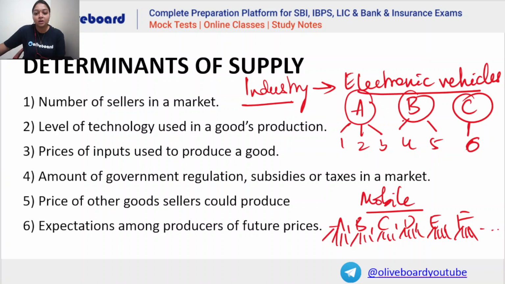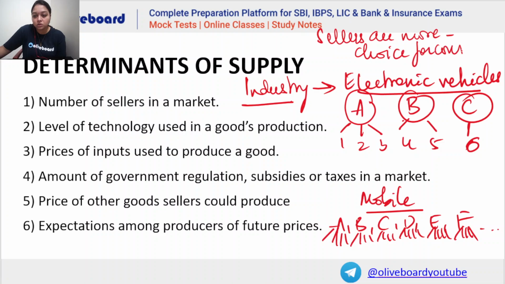So if there are more sellers, the choice for consumers is more, right? So this is the meaning. There is a direct relationship between the number of sellers and the number of outputs present in the market.